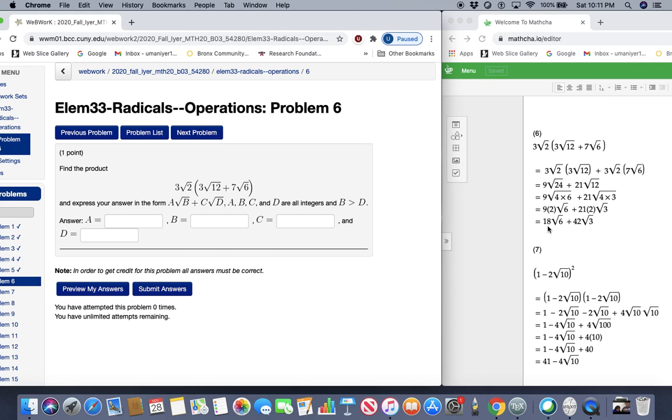Oh, they want the bigger radicand first, right? So indeed 6 is bigger. So 18 is A, B is 6, C is 42 and D is 3. A, B, C, D. All right.